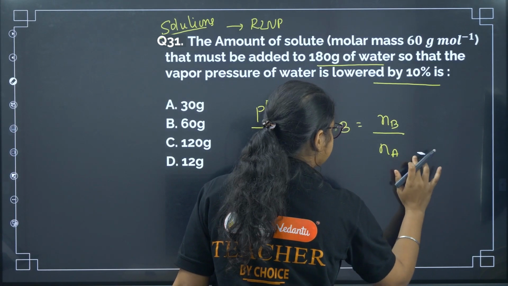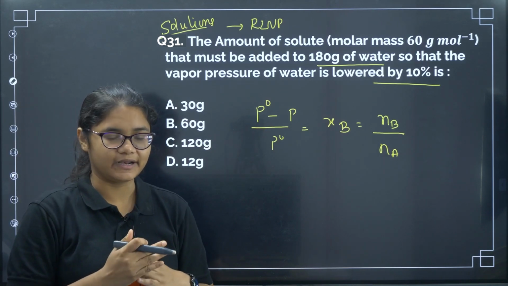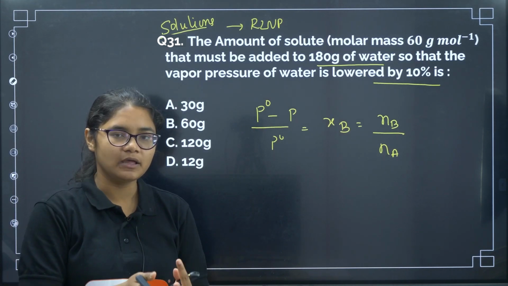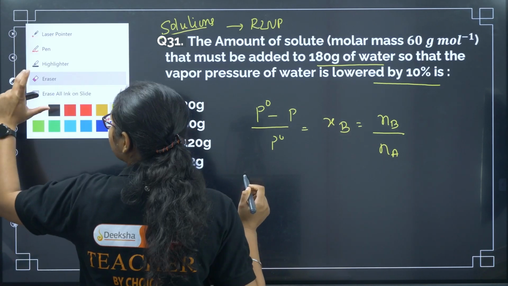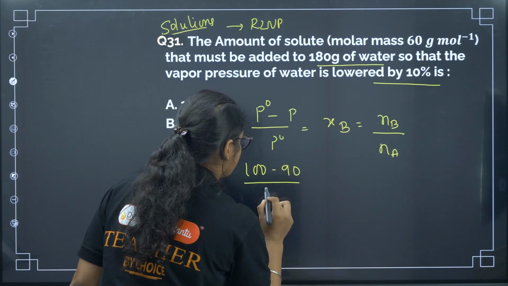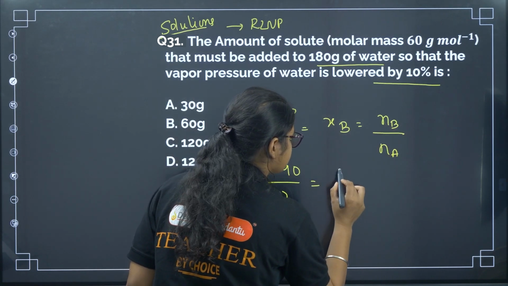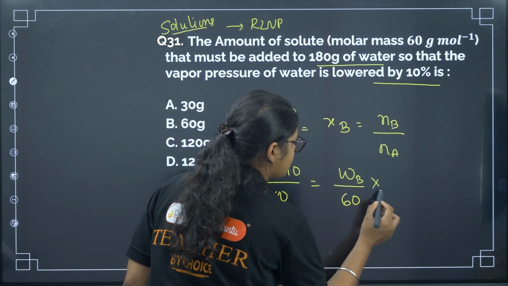Now, what is the final pressure? It is 10% less. So if we assume that the initial pressure was 100, now it has become 90. So we can write (100 minus 90) by 100 is equal to the number of moles of B. The number of moles of B is WB by MB, that is 60, and then divided by NA.